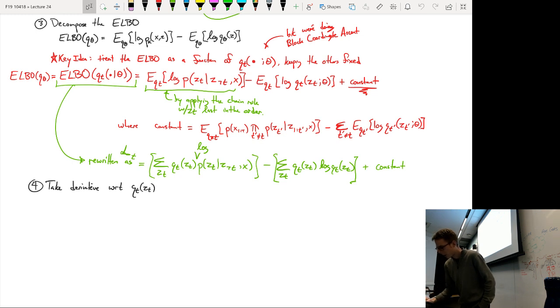So what does that look like? The derivative of L t with respect to qt zt is just going to be an expectation under, make sure I have this right.